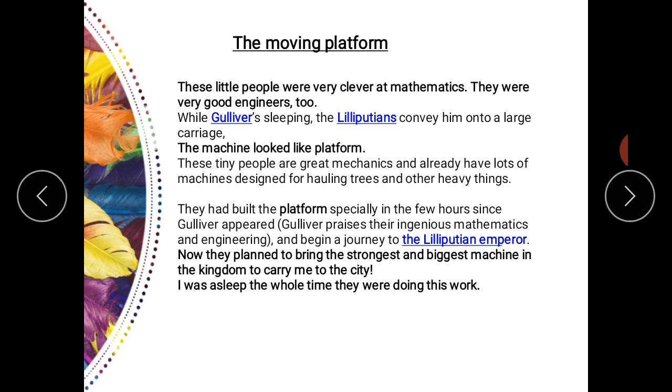The machine looked like a platform. These small people are great mechanics and already have lots of machines designed for hauling trees and other heavy things. Hauling means dragging something.